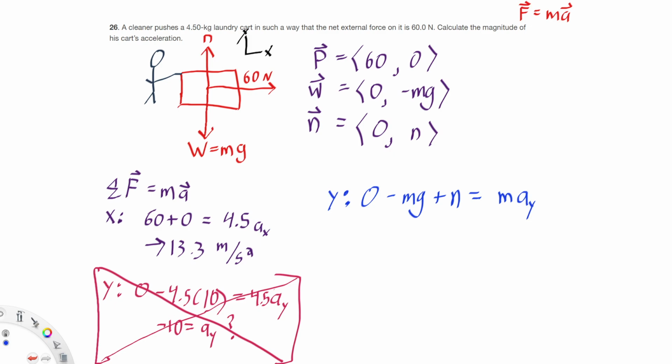And since we're applying our common sense now, what should the net acceleration in the y direction be? Yeah, Eric Ramsey, you are correct. It should be 0, right? We do not expect the cart to either sink into the ground or fly off into the air. We expect it to stay on the ground.